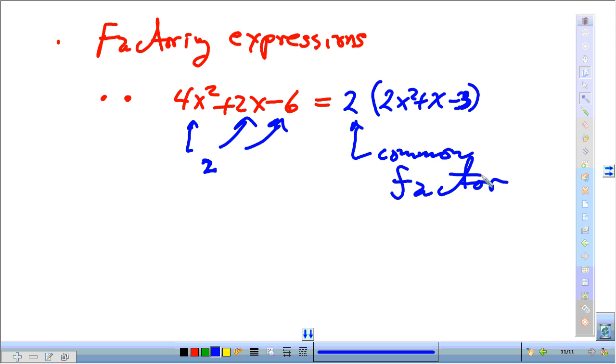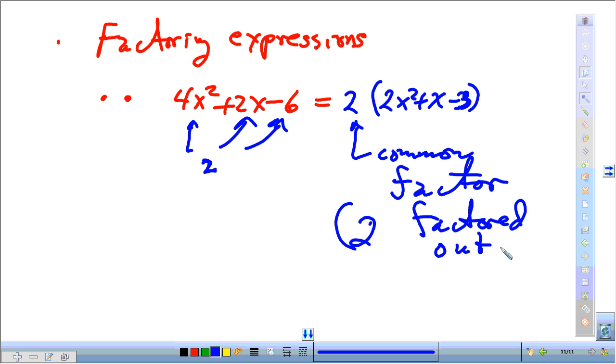Is the factor the same in all the terms? So I start with terms, I factor out a 2. Now it's a product with a second factor, 2x squared plus x minus 3, which has its own terms.